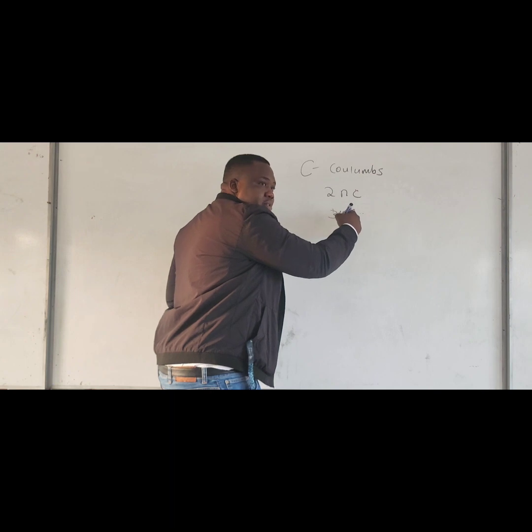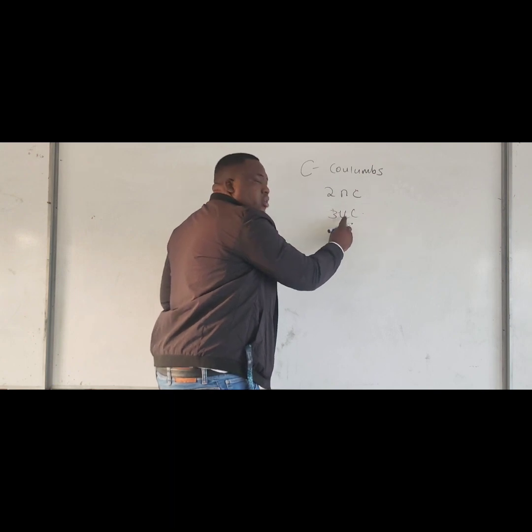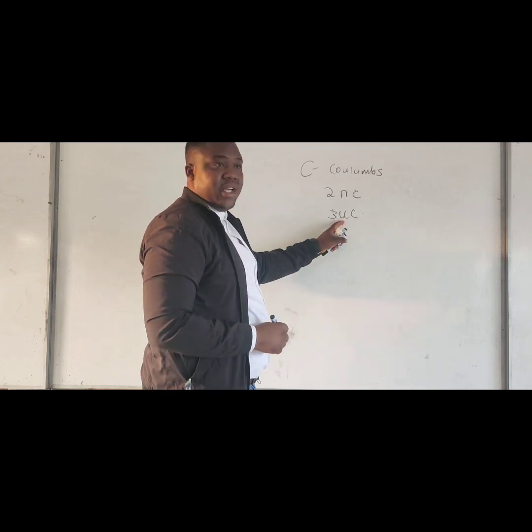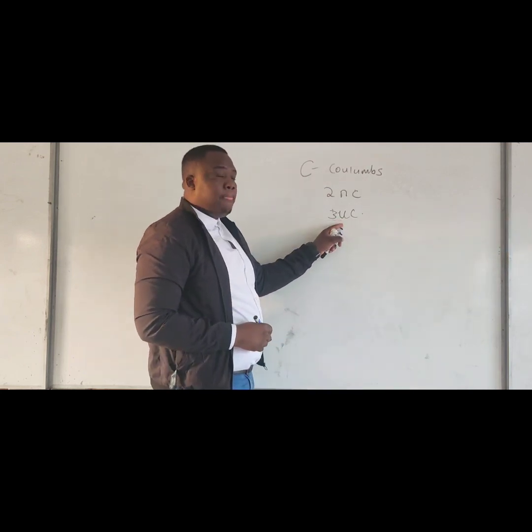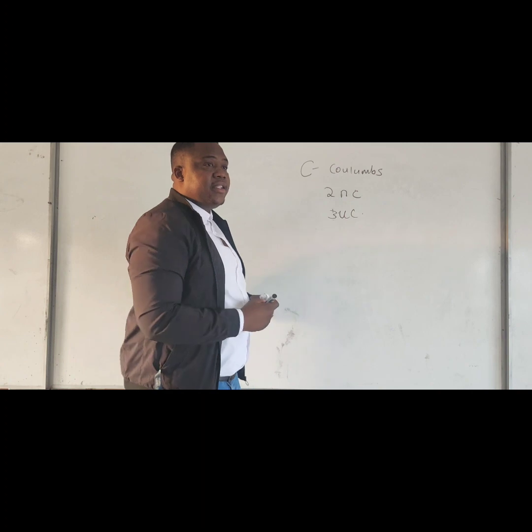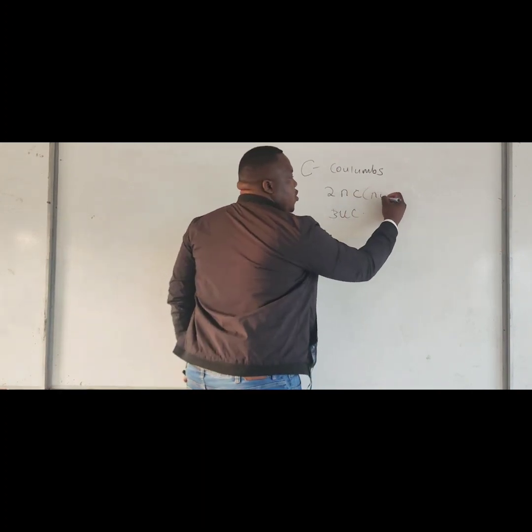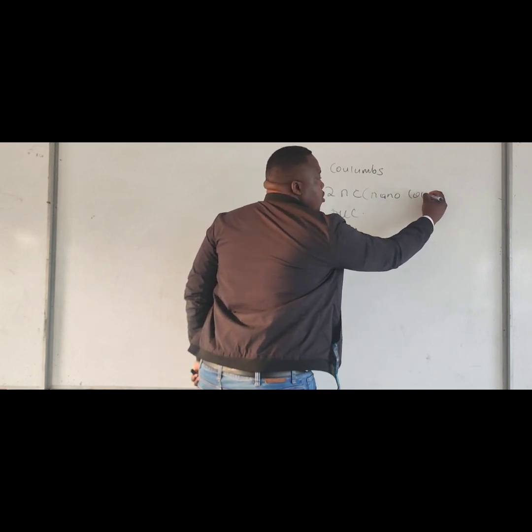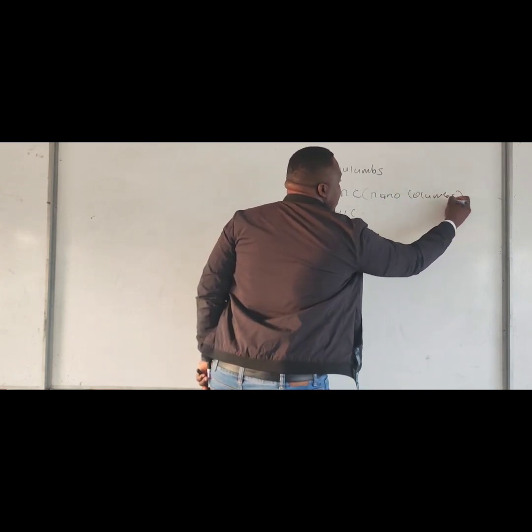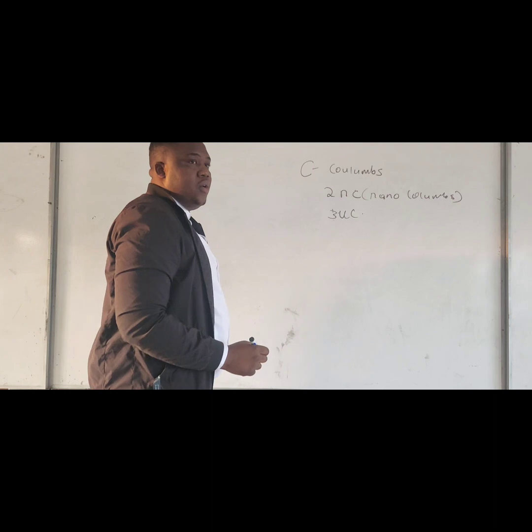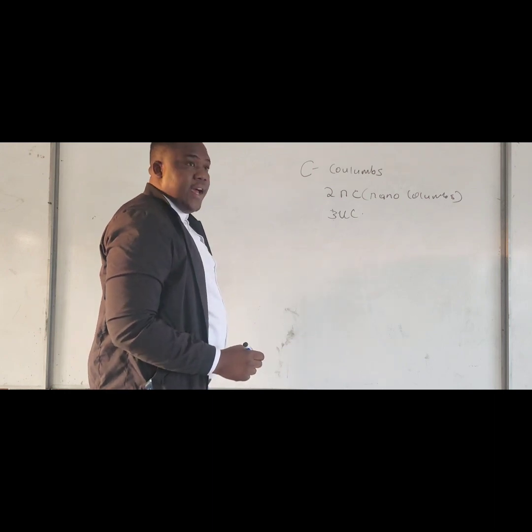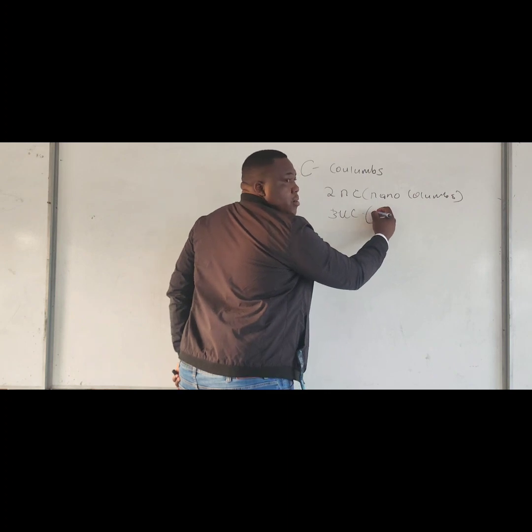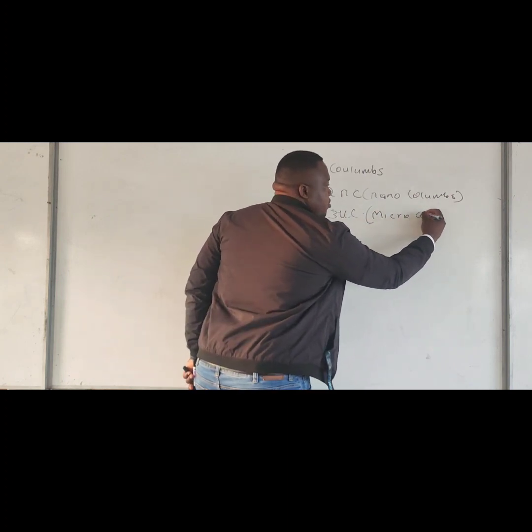I'm just calling it a U because of how it is written. It's a special symbol, right? So this n stands for nano. This one means nano coulombs, right? Then this μ means micro coulombs.